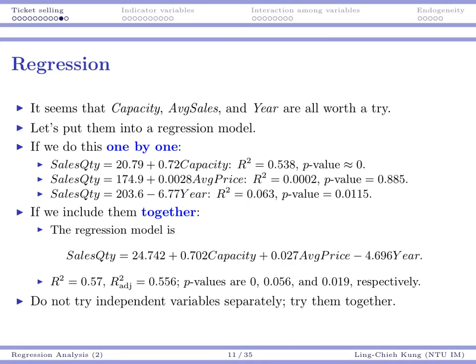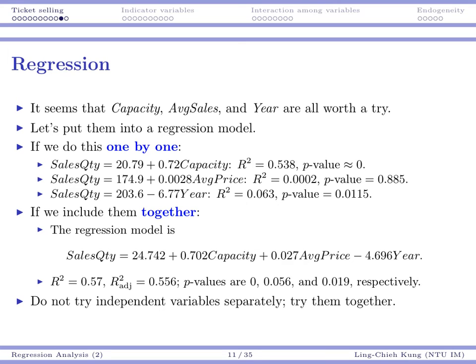That's not very useful because whether a variable has some impact needs to be considered after you take away the impacts from other variables. Okay? For example, average price. Here we don't see it has any impact on sales quantity, but actually there is some.